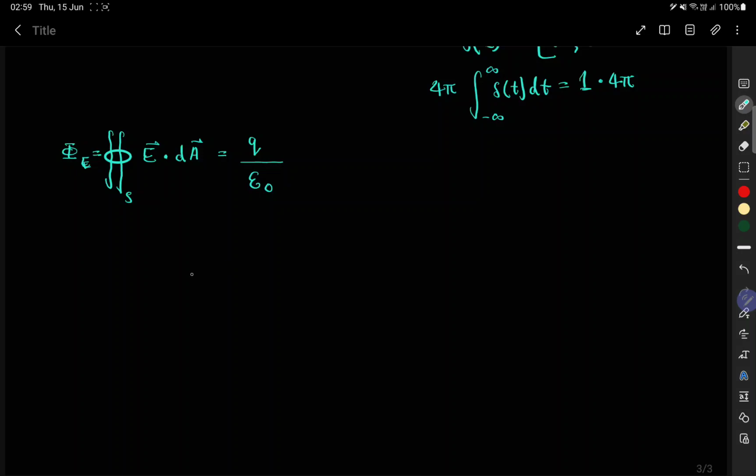Okay? Another thing that you can do further to get it into the differential form is to use this divergence theorem again. Write this as a triple integral over V of the divergence of E, the electric field vector, times dV. And you know that Q is basically equal to the integral of rho, where rho is the charge density, by the way.